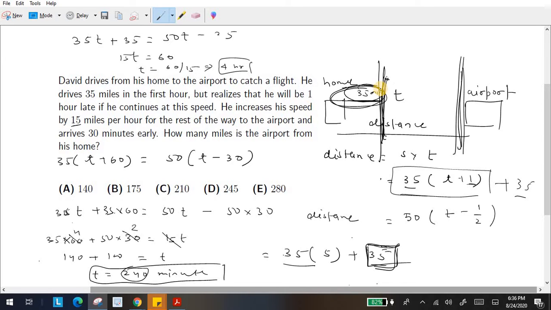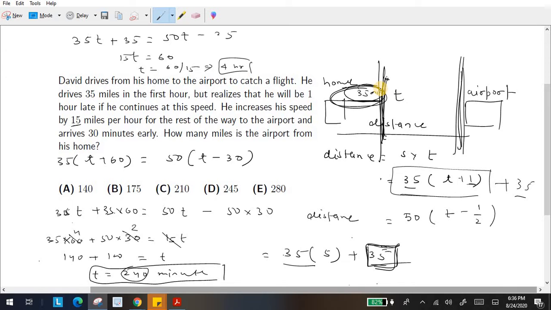So then he just drives 35 times 5, because I'm just counting the total time, total number of hours times total speed, not counting from that time.